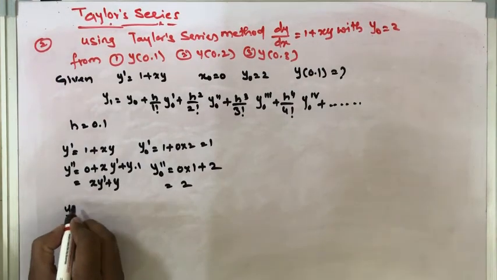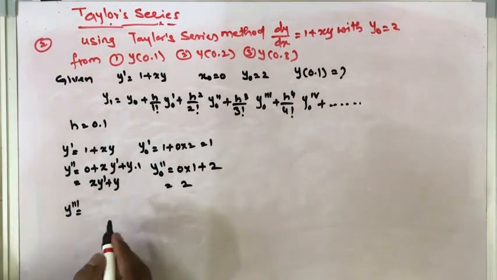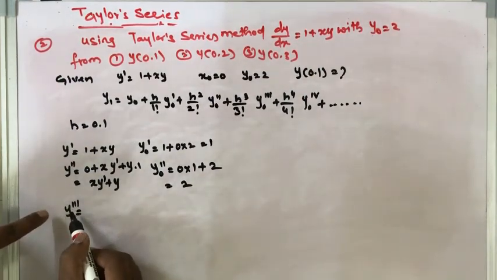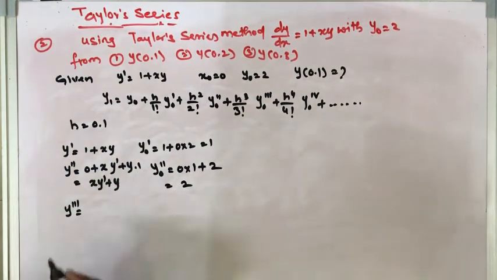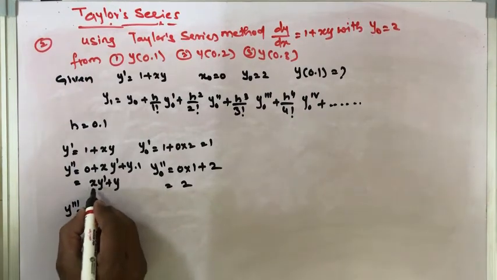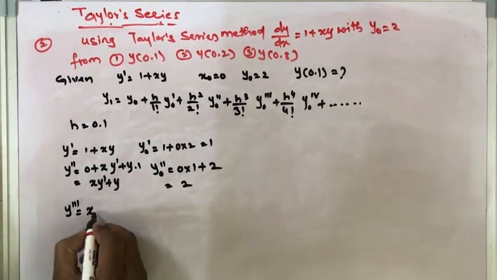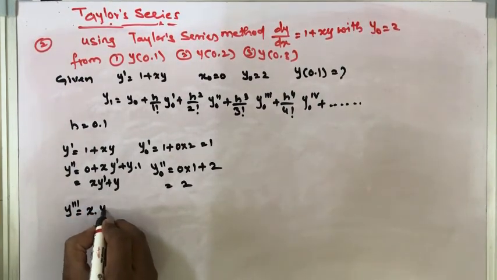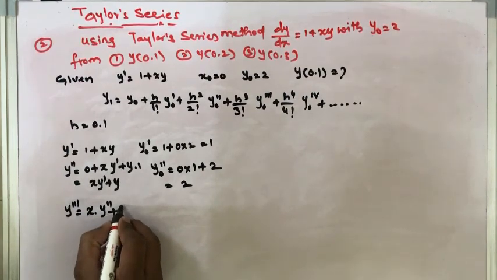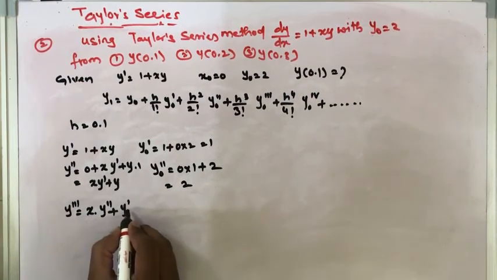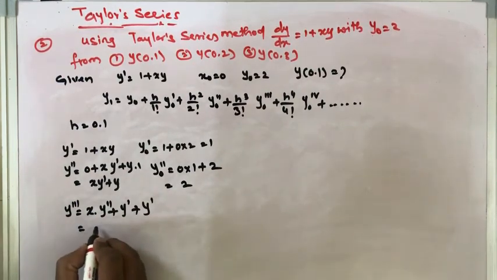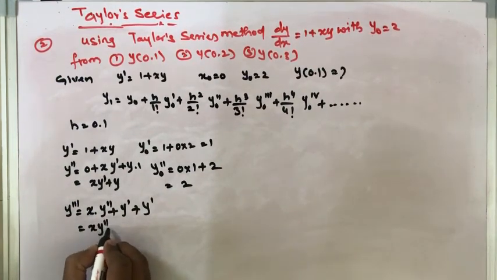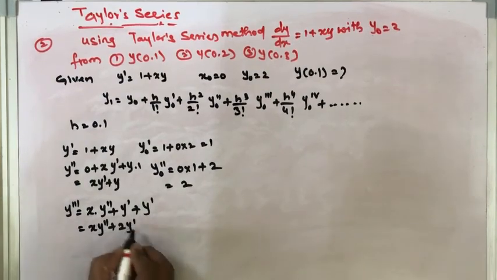Similarly, the third differentiation is the differentiation of y double dash, which gives y triple dash. The differentiation of x into y dash is x into y double dash plus y dash, and the differentiation of x is 1, so we get y dash again. So we get x into y double dash plus 2 y dash.